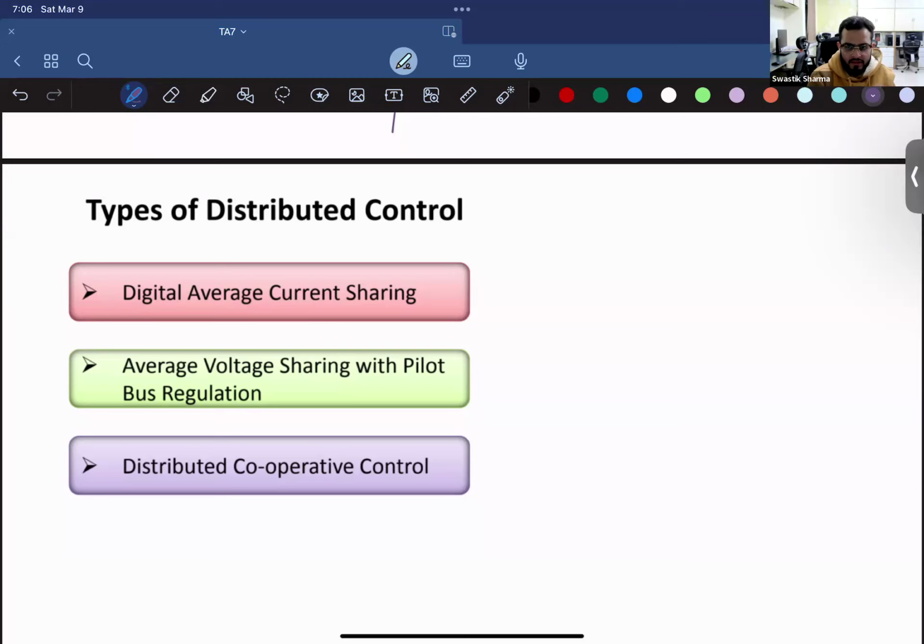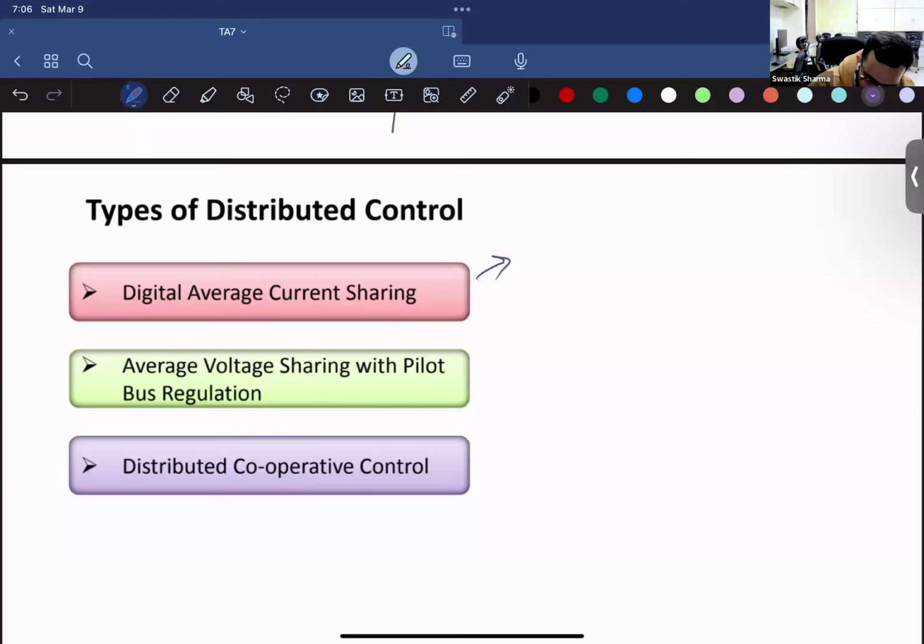In this, to manage the voltage and load sharing, we check the output current of all the sources, and we create a signal that is able to detect whose share in that current is more.